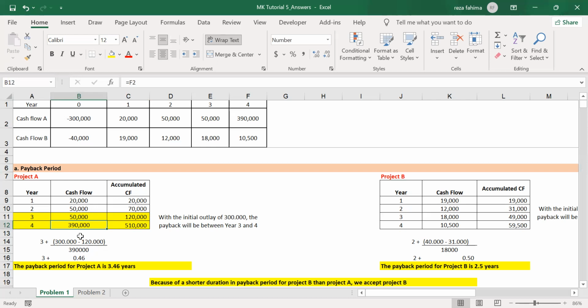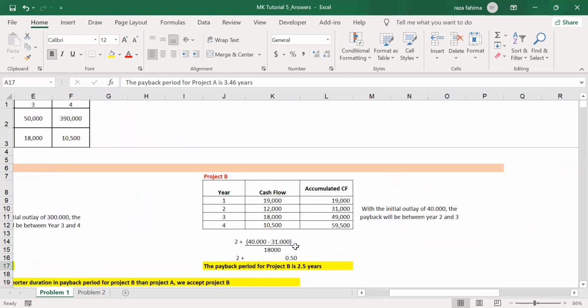And you calculate it, and you get 0.46, which means the payback period of project A is 3 plus 0.46, which is 3.46 years.